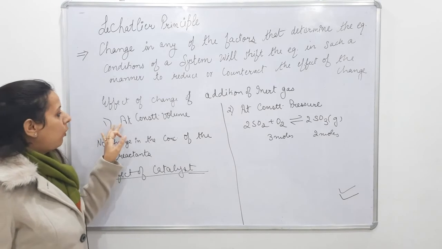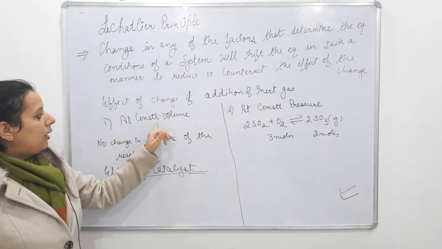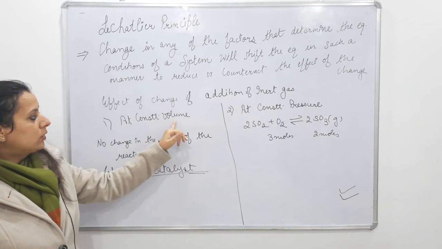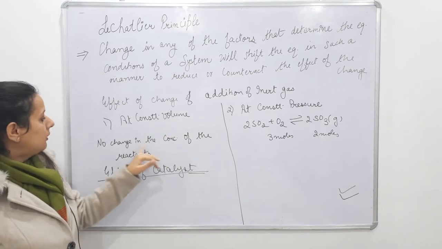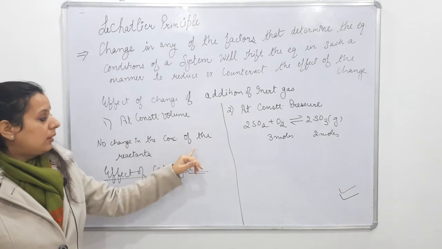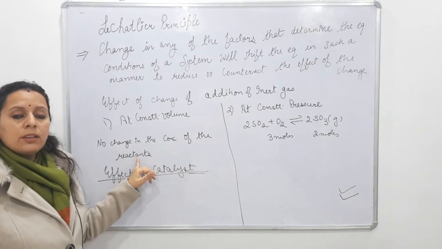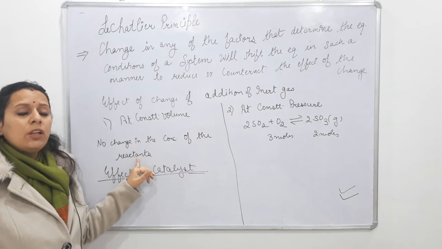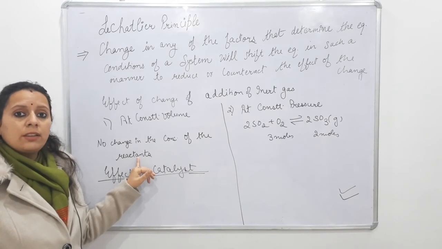In case of constant volume, if we are adding inert gas, what will happen? There will be no change in the concentration of the reactants, because inert gas will not participate in any kind of reaction. It is already non-reactive, so it will not increase or decrease the concentration of any reactant or product.